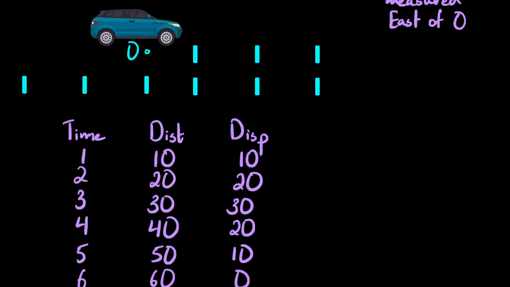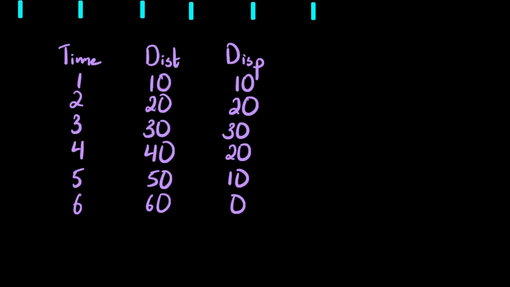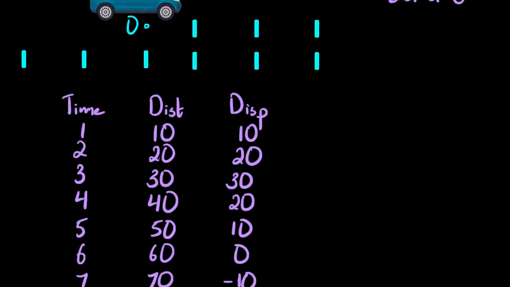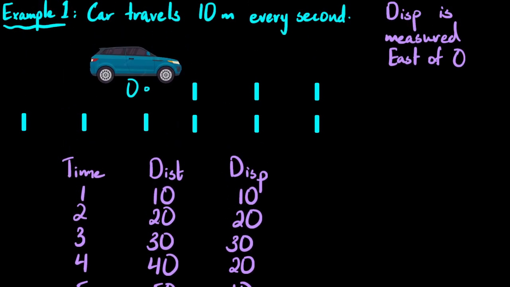So now the rear end coincides with this mark, which is again 10 meters. So again, the distance first increases by 10, but the displacement is now negative 10, right? And why is it negative? Because it was measured to the east of O. We were talking about how far to the right of O the car was, but now it's to the left.